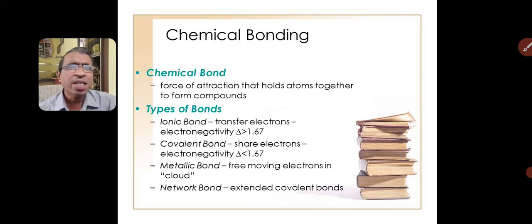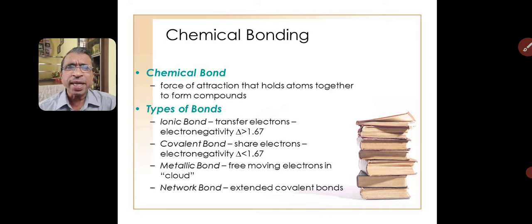Now, this slide also shows the types of the bonds that we have. As I have said, ionic bond is formed by transfer of electrons. Covalent bond is formed by sharing of electrons. Metallic bonds have free moving electrons in the cloud. This type of the bond is also based on electronegativity.